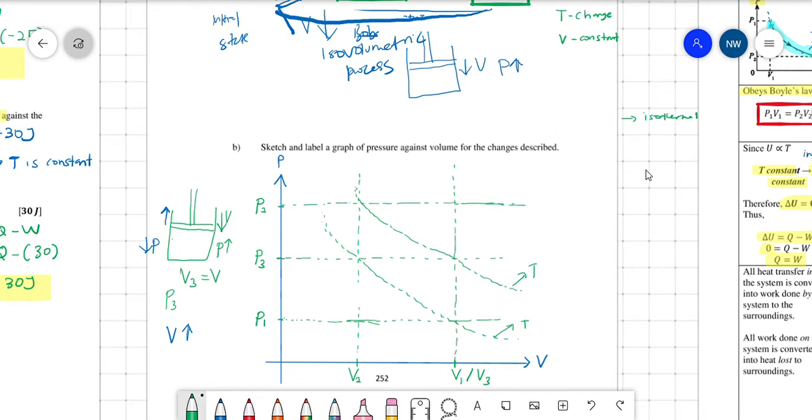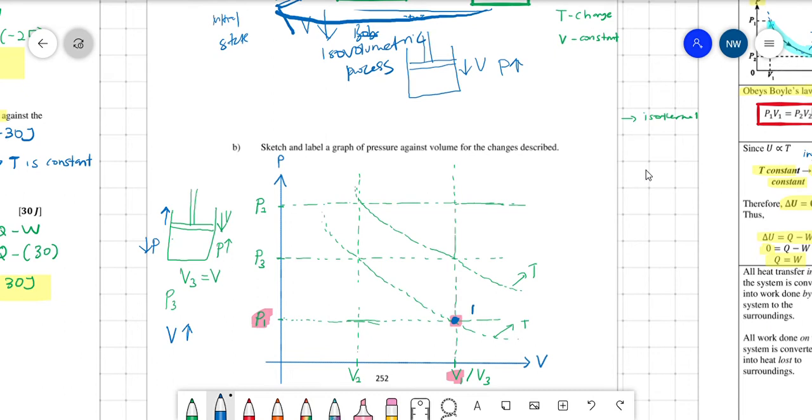Now we need to determine where the first state is. The first state would be V1, P1. Where are P1 and V1? It should be here, where the pressure is P1 and the volume is V1. So this is the first state.